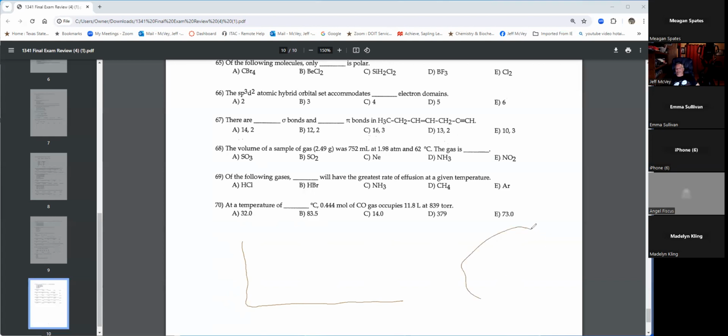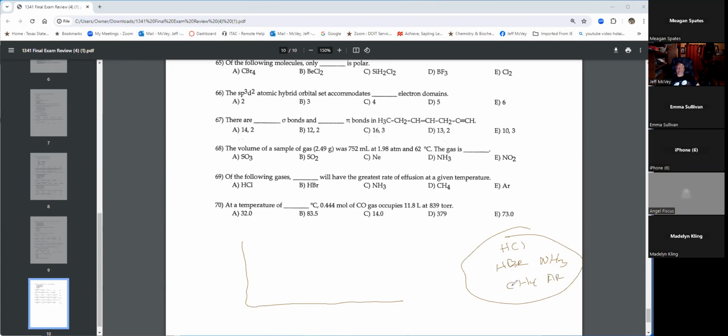So let's just pretend you've got all these gases in a balloon: HCl, HBr, NH3. Wow, this is a nasty balloon. CH4. Don't light a match because this thing will blow up in your face.